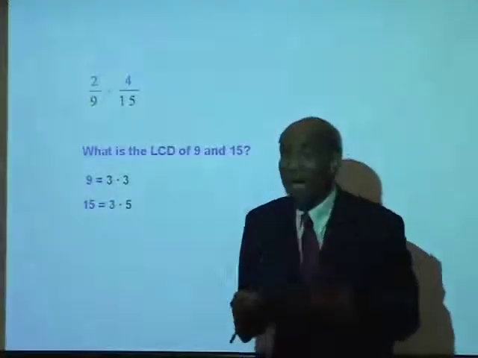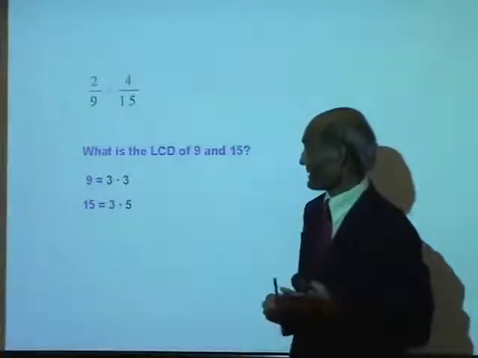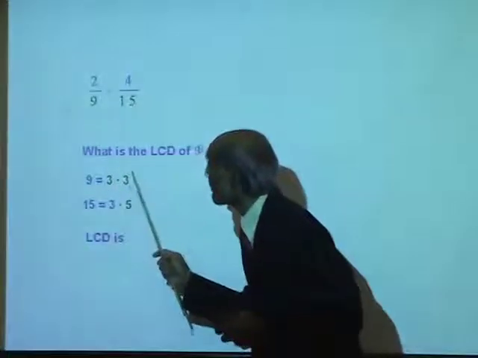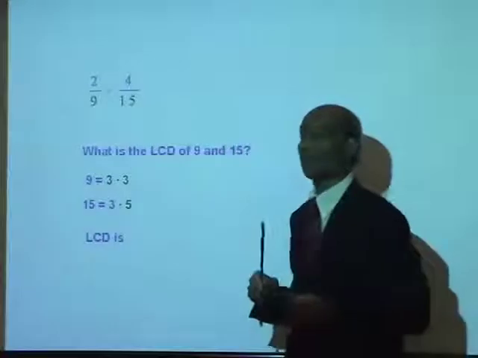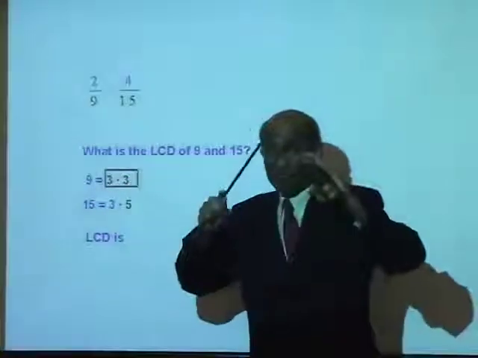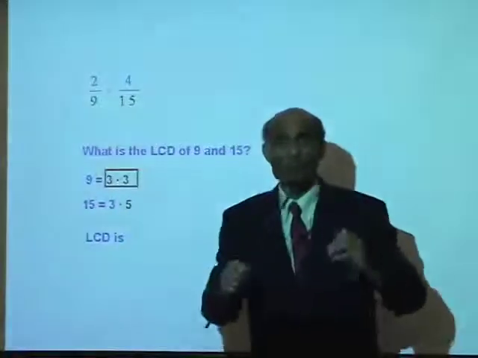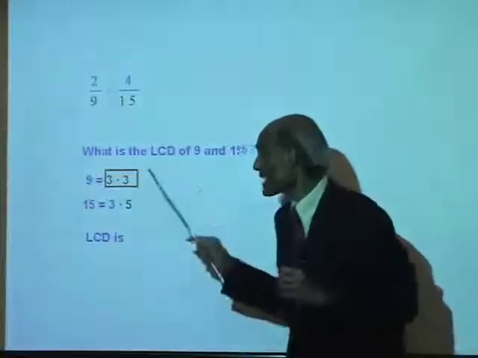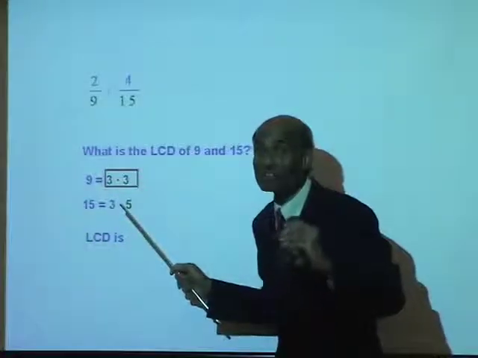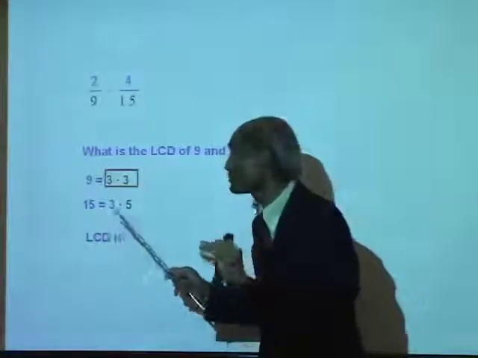How do we pick our LCD? The method is, first pick all the factors of the first number. So we pick 3 times 3. So pick all the factors of the first number, then come to the second number and pick only the factors that are not picked already.